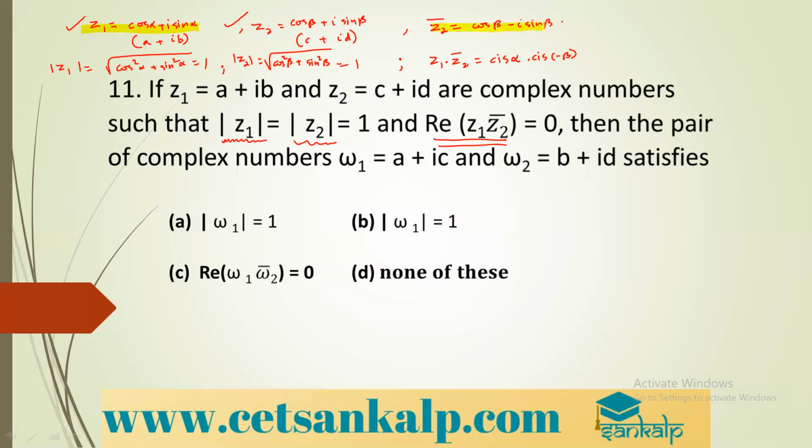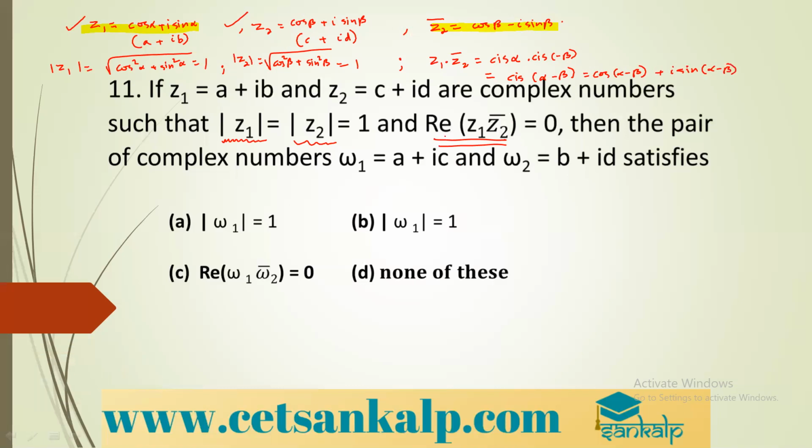Z2 bar in short I am writing as cis minus beta. So when I multiply, actually I will add the angles. I will get cis (alpha minus beta). That means I am getting cos(alpha minus beta) plus i sin(alpha minus beta).